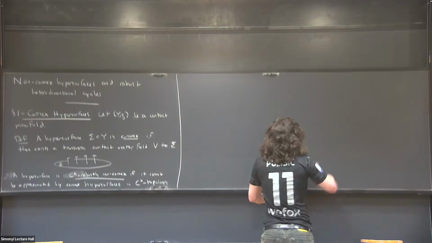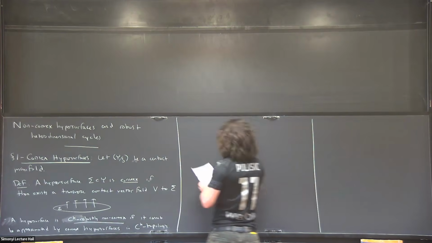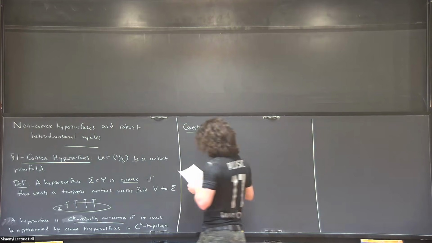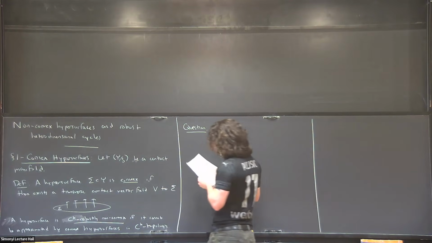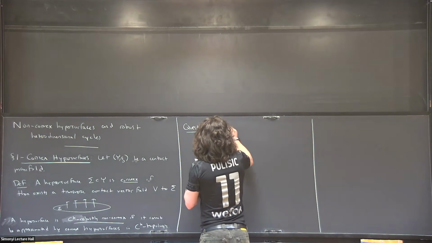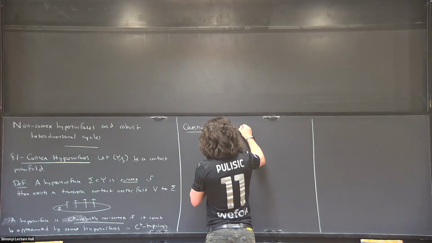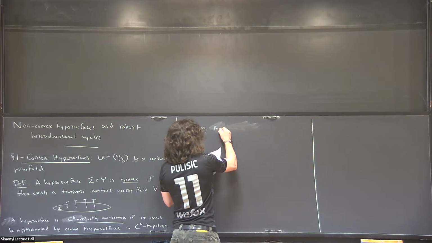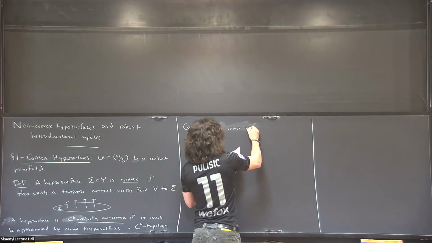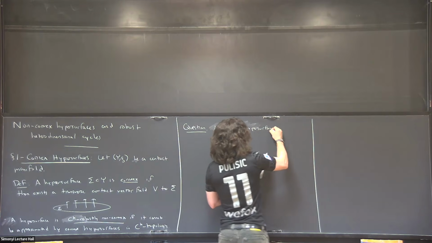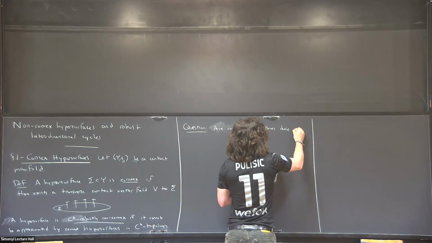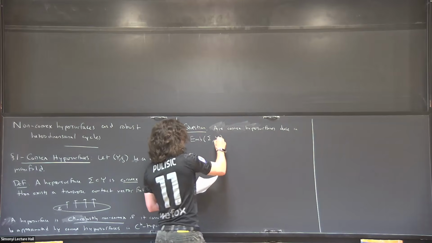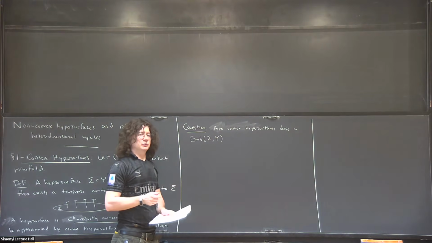Okay, so a question. A kind of long-standing question in contact topology, open for several decades, is: are convex hypersurfaces dense in the space of embeddings of some surface, a hypersurface, into your contact manifold?